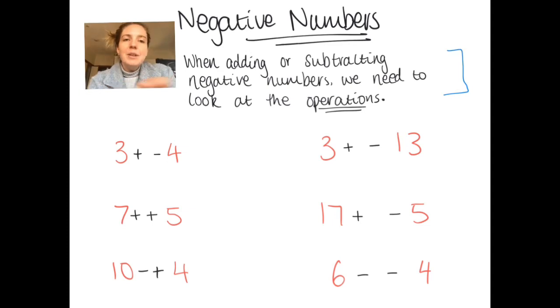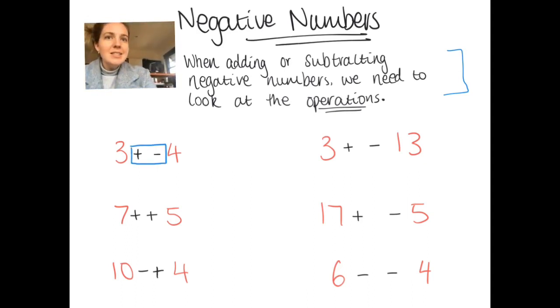First of all, I'm going to go to the 3 plus negative 4. Every single time I have an equation like this, I put a box around the signs, because that box tells me that's what I need to focus on. So this question's asking me 3 plus negative 4.